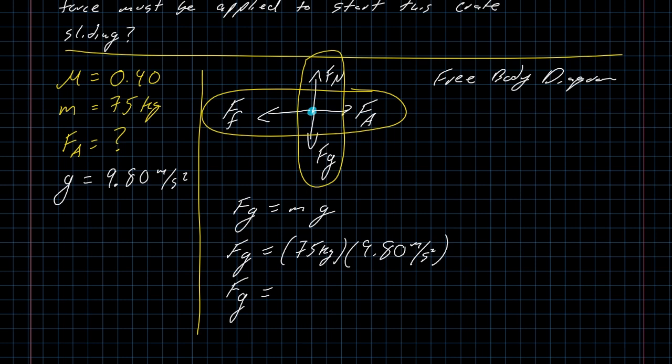From there, I'm going to grab out my calculator. 75 times 9.80 comes out at, well, 735, but I've only got two significant figures, so I'll round that and call it 740.